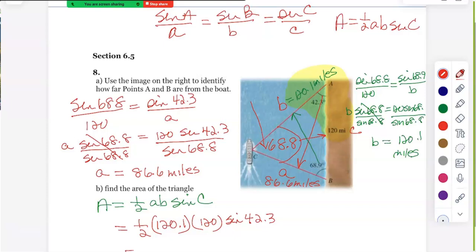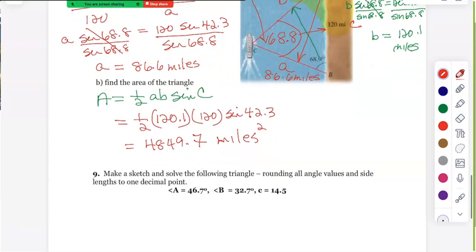I put that in my calculator, and I get a very big number, which makes sense because these are all miles. That is miles squared. No matter which sandwich you picked, you should have roughly that amount. All right, let's go to the last problem.